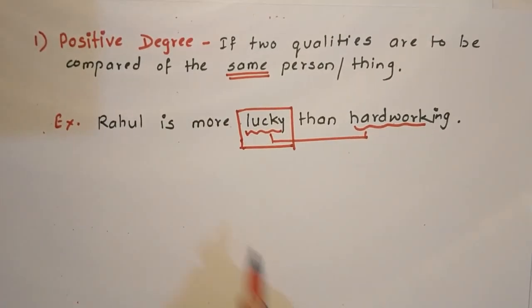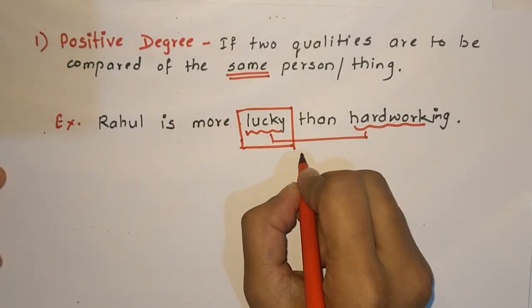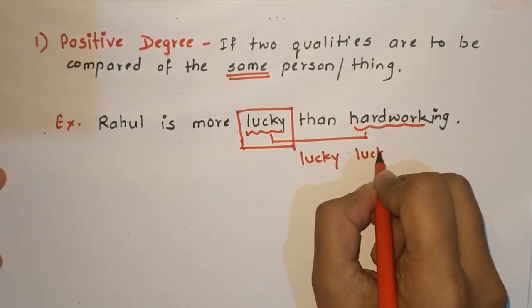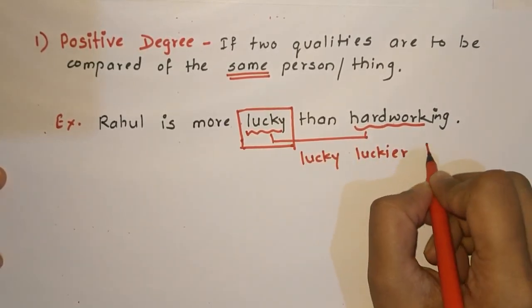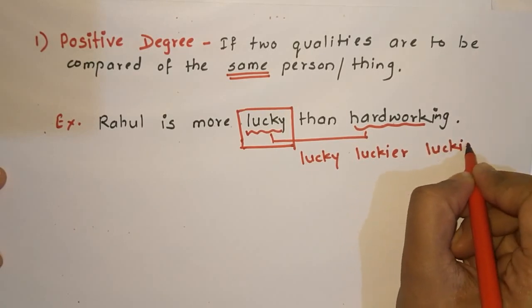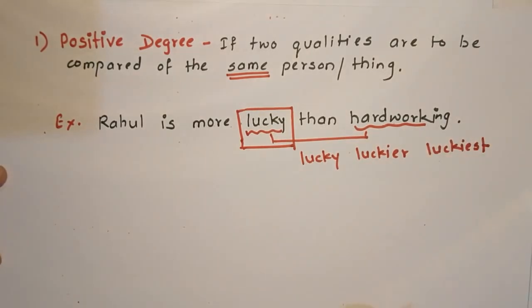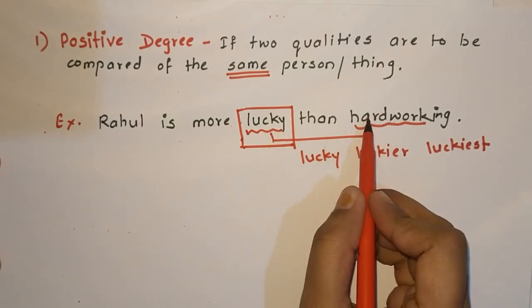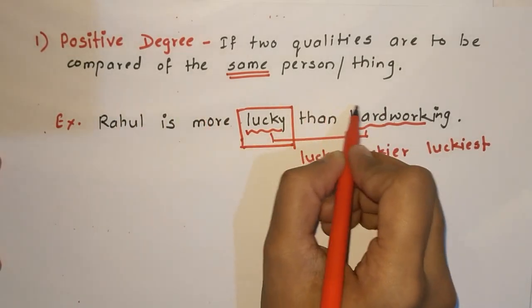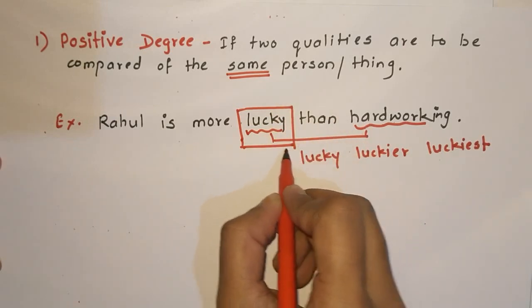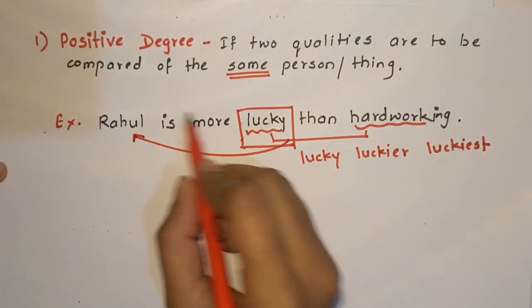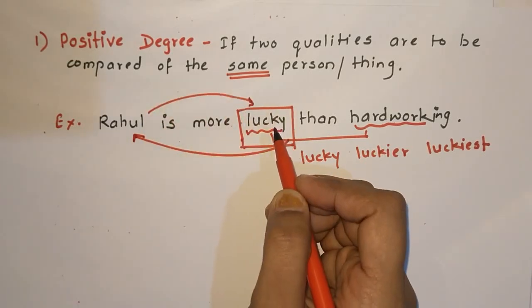The degrees of lucky are lucky, luckier and luckiest. As we are comparing two qualities of the same person Rahul, we used positive degree lucky.